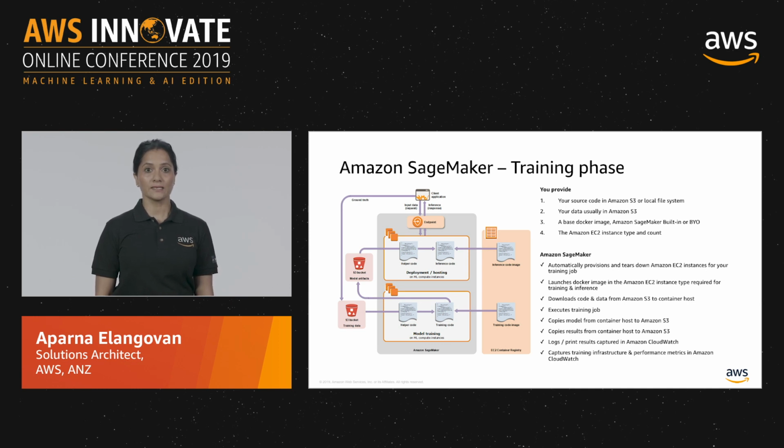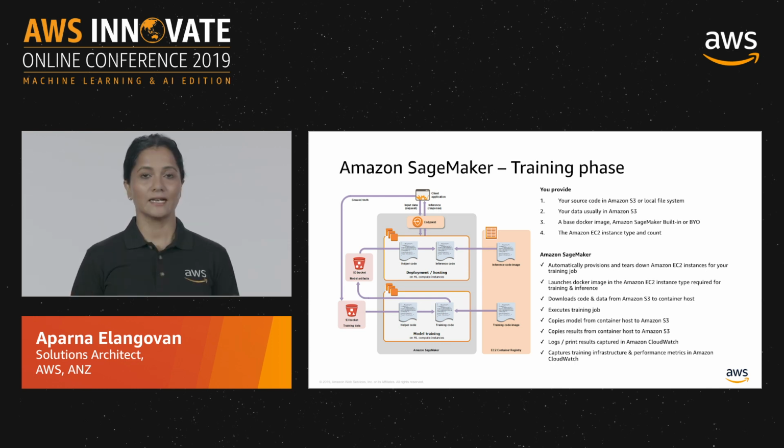During the training phase, you provide your source code, your data in Amazon's simple storage service, also called S3, a Docker image, either built-in or you can bring your own, and finally, the type of EC2 instance you want to use for your training, such as a GPU or a CPU-based instance.